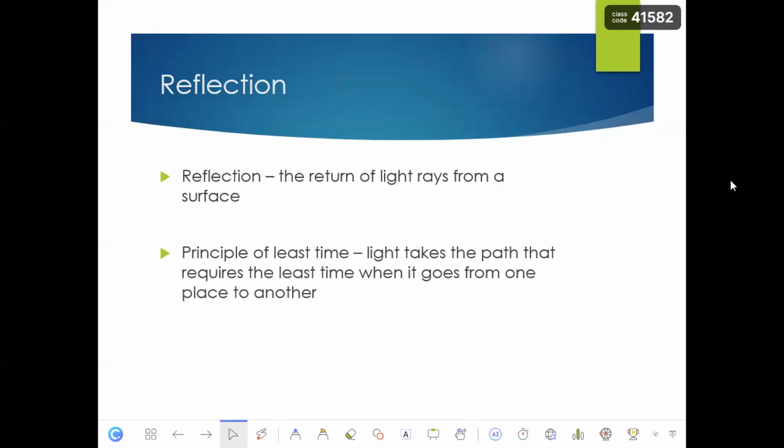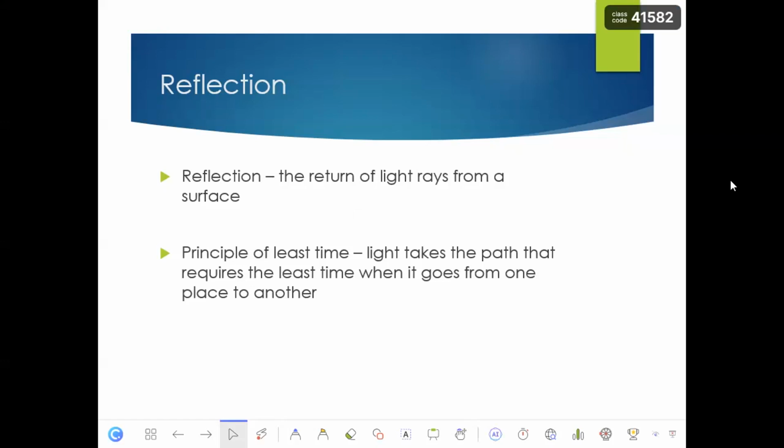We call it the reflection of visible light. And the reflection is not just for visible light. It can happen for radio wave, gamma ray, X-ray, and any other electromagnetic wave or light that we know.